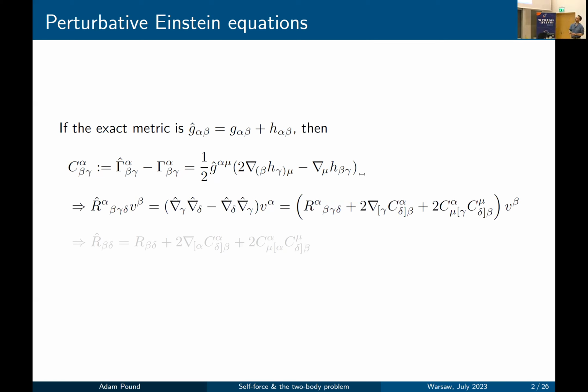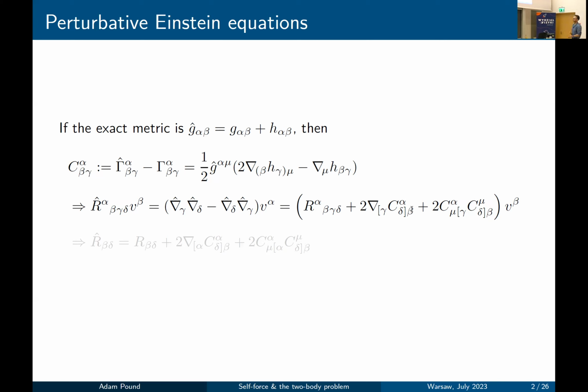So the Riemann tensor is just the commutator of the covariant derivatives on the exact spacetime. We just write these covariant derivatives in terms of the background Christoffel plus this capital C, rearrange, and you have a nice simple formula telling you the Riemann tensor of the exact spacetime in terms of the Riemann tensor of the background and this capital C tensor.